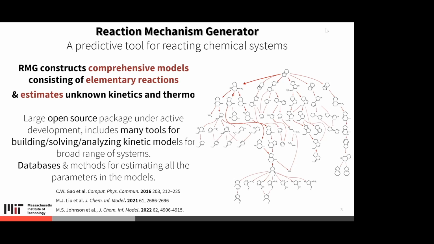The three manuscripts cited at the bottom are the key manuscripts about the overall vision. The Gao paper is the paper introducing the Python version of RMG, which is the modern version. The Liu paper is the second paper about that, the next improved version. And the Johnson paper is all about the estimation methods and the databases associated with RMG.